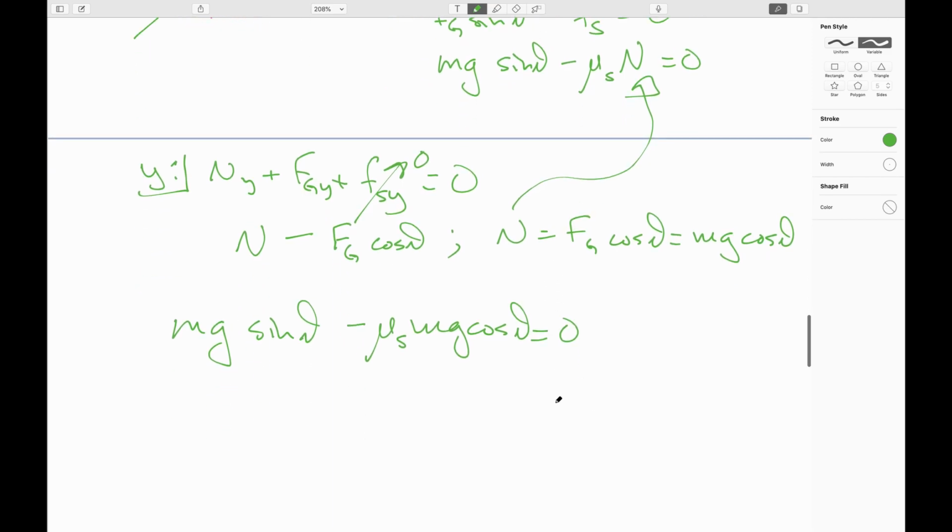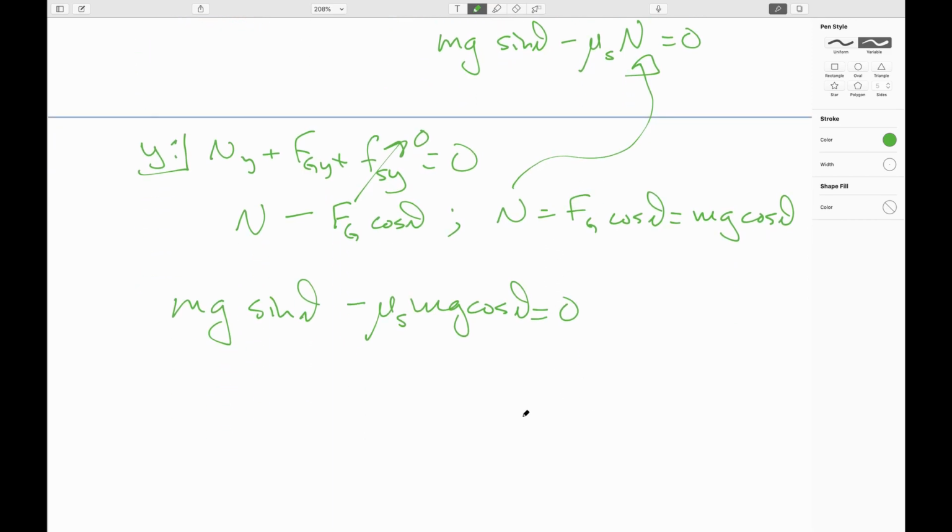All right, so we're solving for mu s here. And notice I never gave you the mass. If I didn't give you the mass, then that means it jolly well better cancel or we're in trouble. But that often happens in problems with gravity because of the equivalence of inertial and gravitational mass.